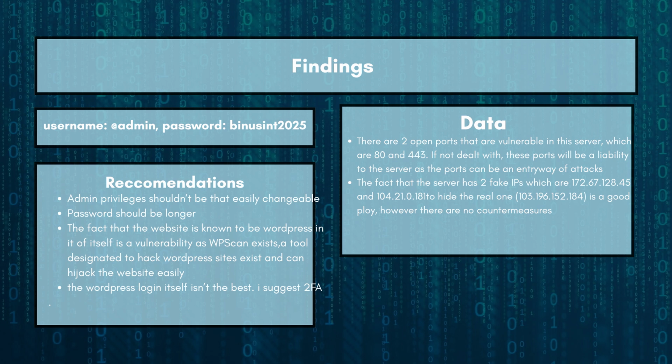Also, the website is easily scannable, and with Nmap you can clearly tell that it's WordPress. It's very vulnerable to attackers who are going to use WPScan, because WPScan works very well with WordPress. So another recommendation would be to find a way to hide the fact that it's WordPress.